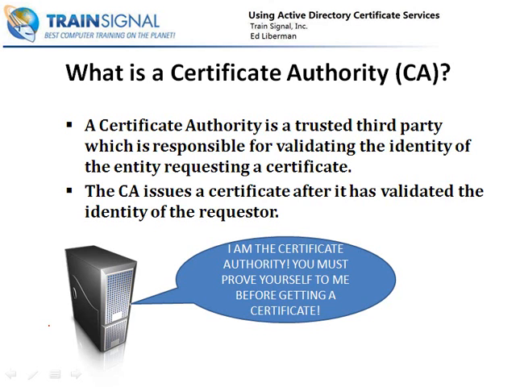So, if a user wants a certificate, that user is going to have to go to a CA and prove exactly who they are through some other form of identification. Now, once the CA has indeed been convinced that you are who you say you are, well, then the CA will issue you a certificate.